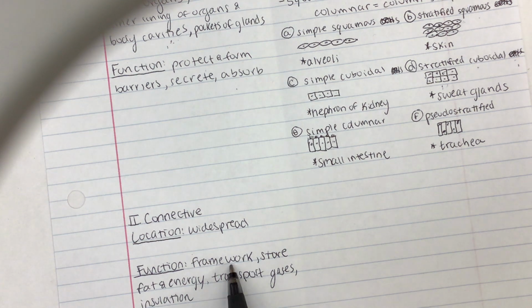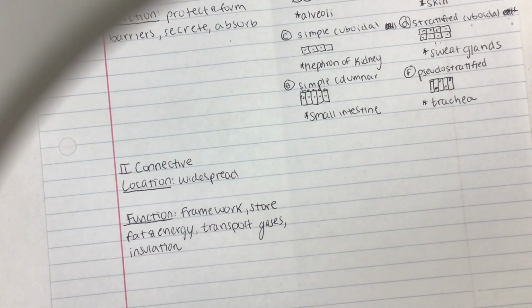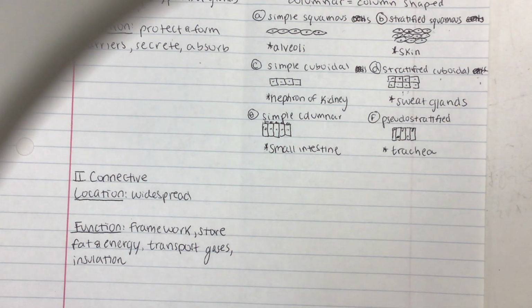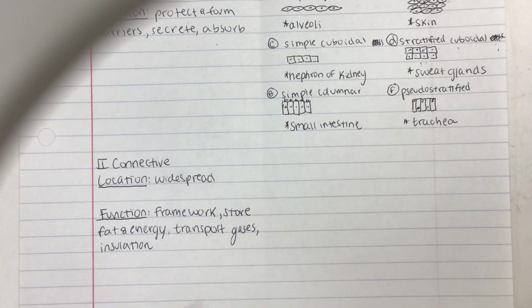So when we say framework, we are referring to like cartilage, tendons, ligaments, all those little pieces that are at play to connect our bones and muscles and help with movement. And so we're going to see some very different cell types and very different organizational patterns with connective tissue, unlike how they were all pretty similar in epithelial tissue, because we're going to see things like I just said, ligaments, tendons, cartilage, but then we're also going to see blood fall under connective tissue, and we're going to see bone fall under connective tissue.